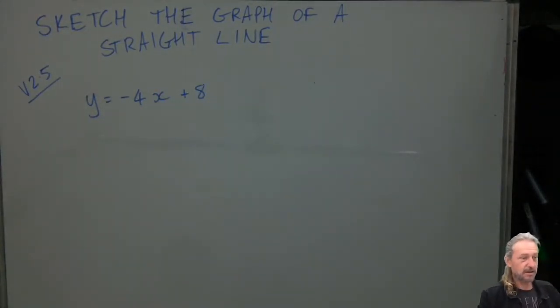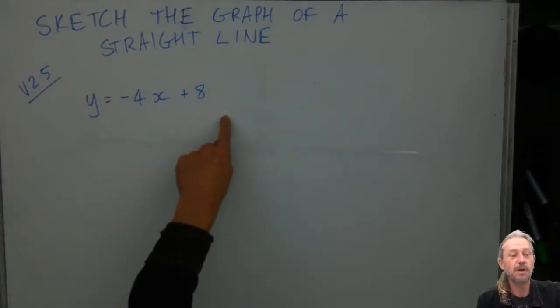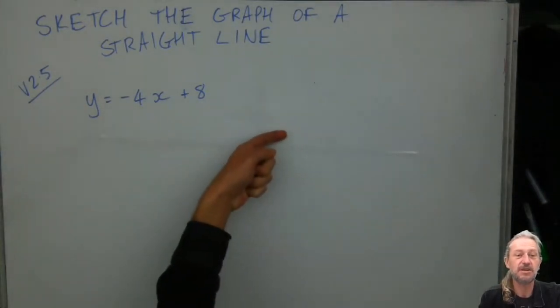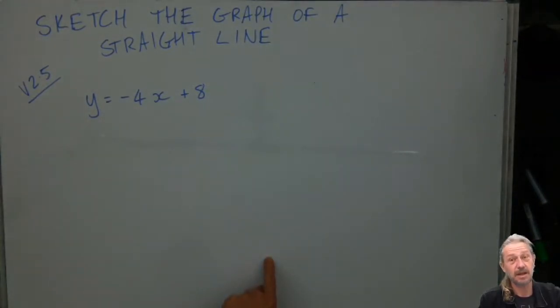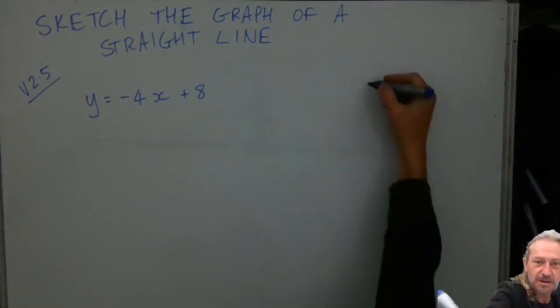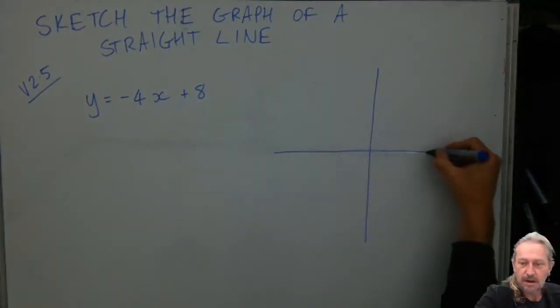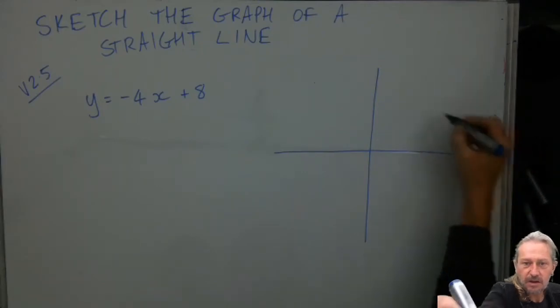So just looking at it, our gradient is negative 4. So every 1 step in the positive x direction, the line comes down 4. So we're going to have a line going in this direction. So if we just start our axes off, really I should have ruled that.